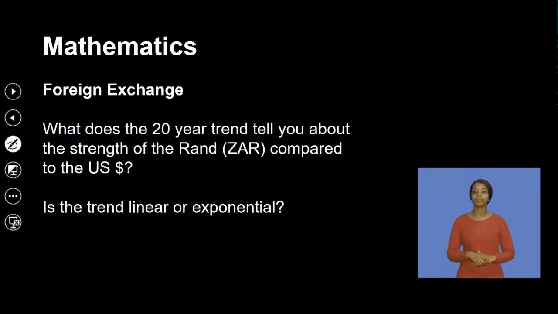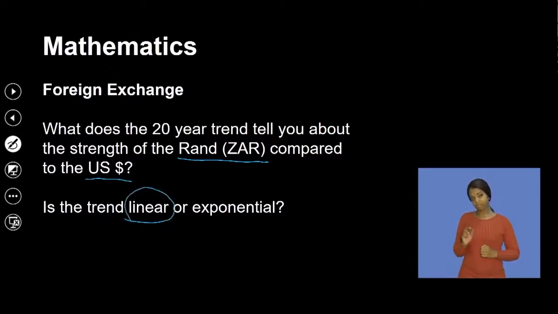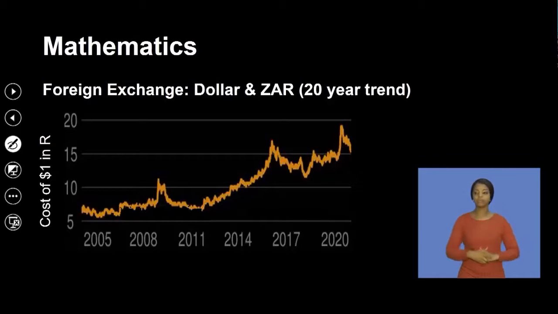Now, what does the 20-year trend tell you about the strength of the rand, right? Remember, I said I'm going to use the rand and the US dollar to try and look at the trend. Now, we're going to talk about whether our trend is linear or exponential. But let's look at an actual graph of this. On the graph, you can see that if you start here at 2005 and go to roughly 2008, it looks like a linear trend, right?